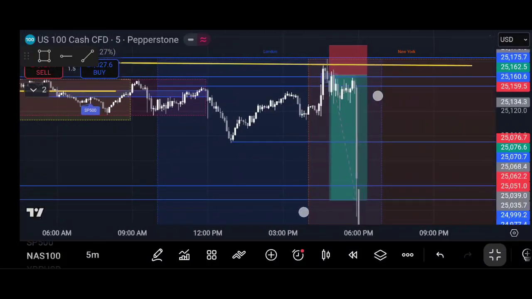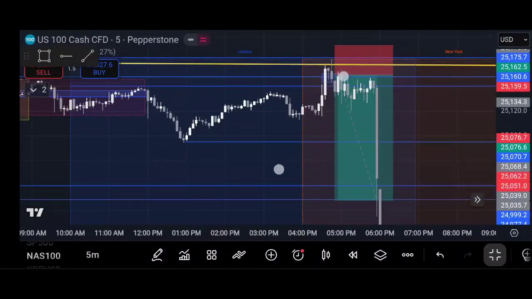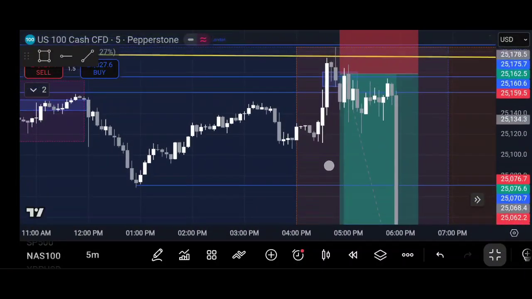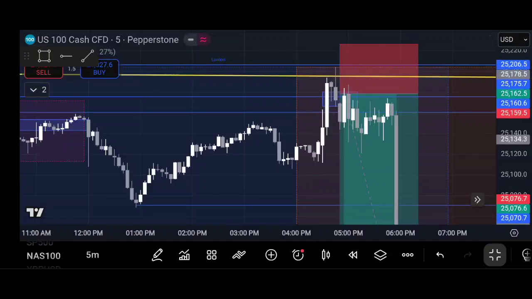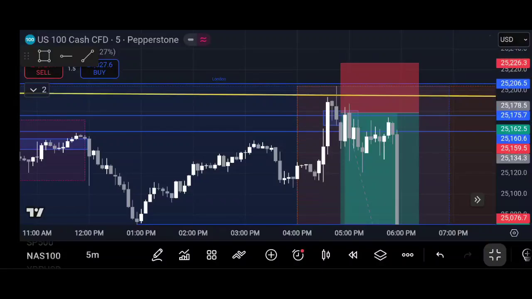Since we got our point, we can see this bullish candle with an FVG going to the top and taking our draws on liquidity. I will mark that, these both horizontal lines that I drew.